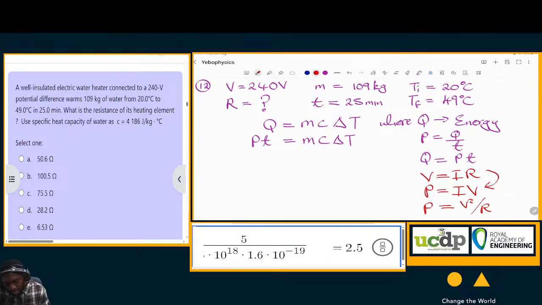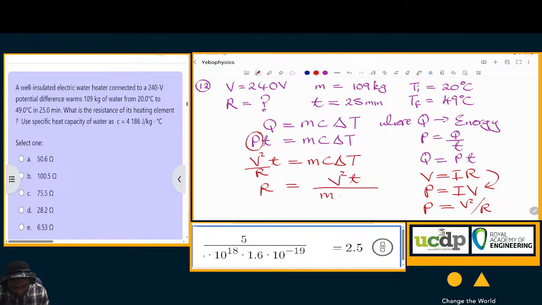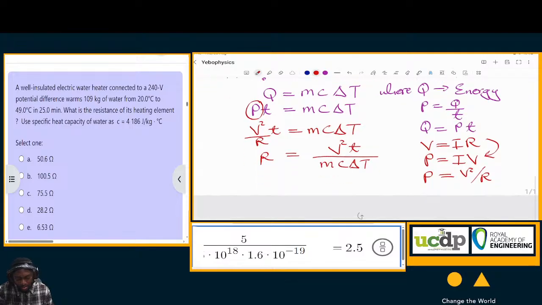So in this case, since we don't have power, we can substitute it with V squared over R. Then simplifying this, now what you need is to substitute.